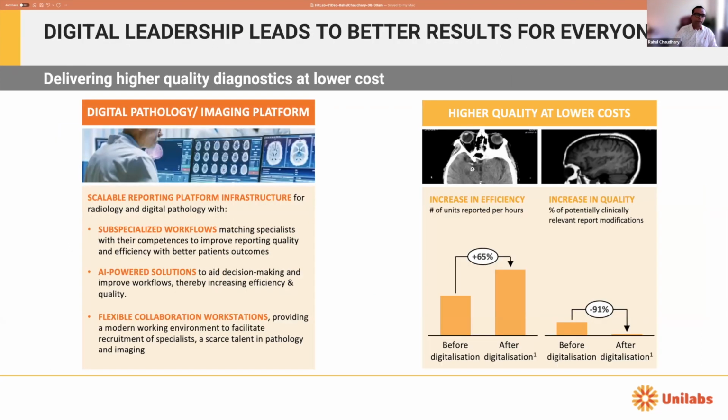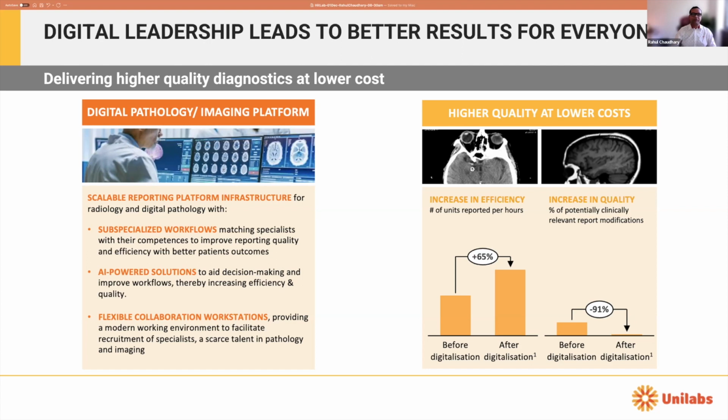Again, once you build this digital platform, it becomes scalable. You can have subspecialized workflows where, as I said, you can match specialists with their competencies. That improves the reporting quality and efficiency, and that improves the patient outcomes. You can actually incorporate AI solutions to aid the decision-making of these doctors, also improve workflows inside the lab.